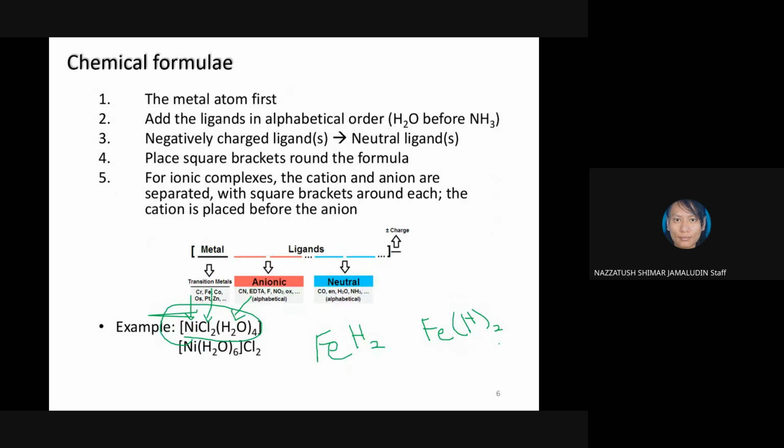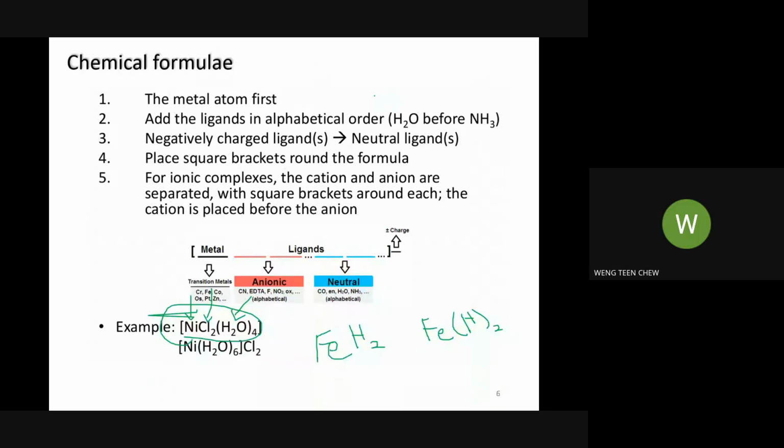Anyone? Of course, you know this. You have seen this concept in school, but you don't actually see this example in school. Anyone wants to try?